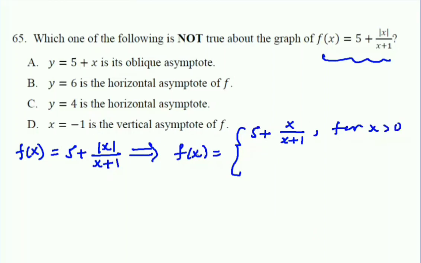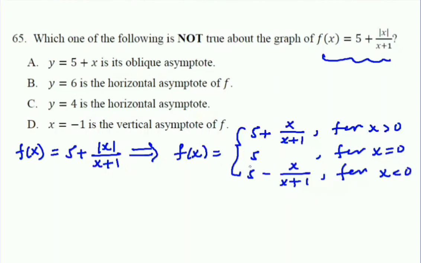The function becomes 5 whenever x is 0, and becomes 5 minus x over x plus 1 for x less than 0. So we can explicitly define this function as a piecewise function.